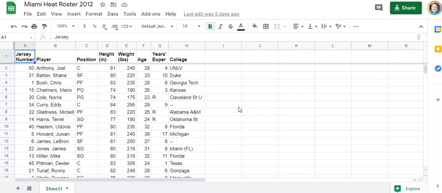The position, you've got a certain number of centers and small forwards, power forwards, point guards and shooting guards. I'm not sure that categorizing them by position is useful, because you don't have that many on the team.